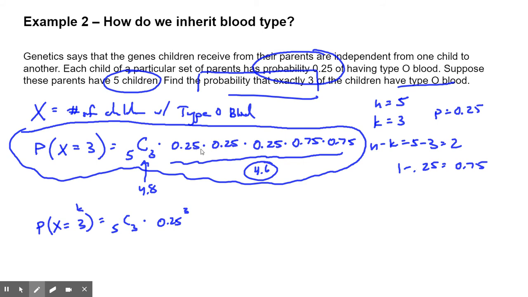And again, that's because when you multiply 0.25 3 times, that's exponent rules, right? Times, and now this is 1 minus 0.25 raised to the n minus k. But we just figured that out, right? It's 0.75 raised to the second.